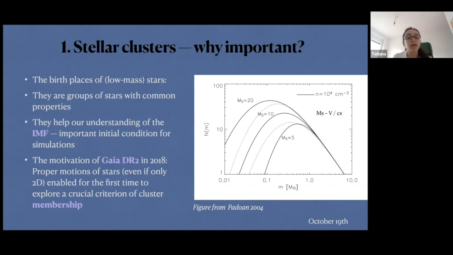And then finally, there is a newer motivation to revisit stellar clusters from Gaia DR2. With Gaia, we got highly accurate proper motions of stars, which is a very crucial criterion in order to establish membership into clusters. Really with Gaia, it became not just interesting, but also necessary to revisit many star-forming regions.